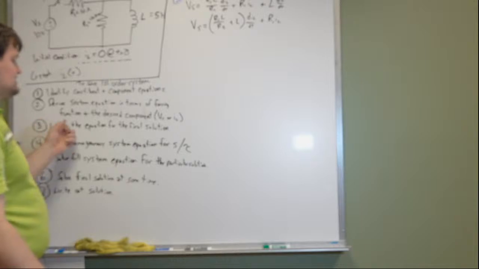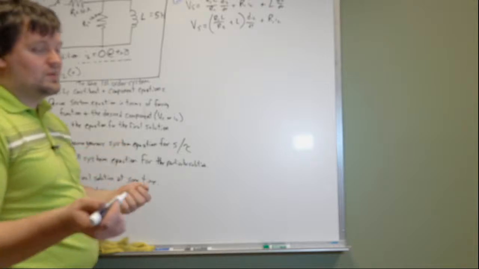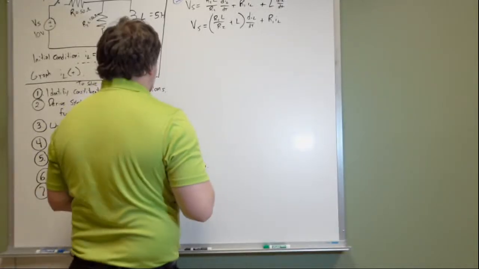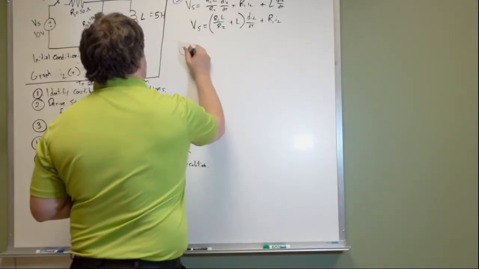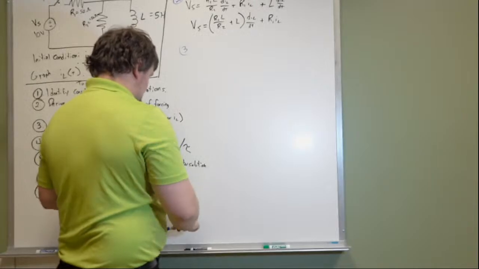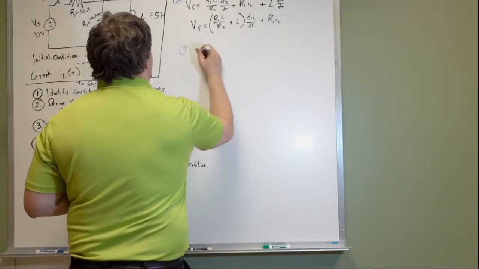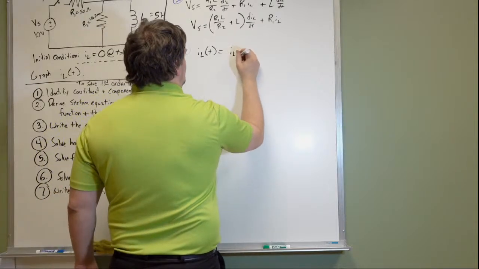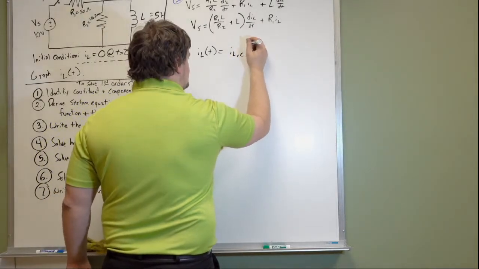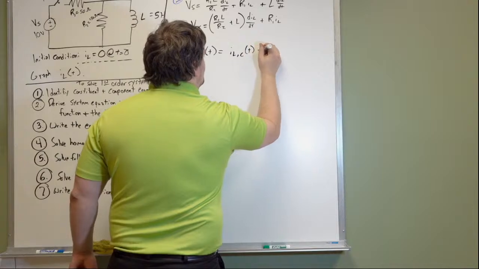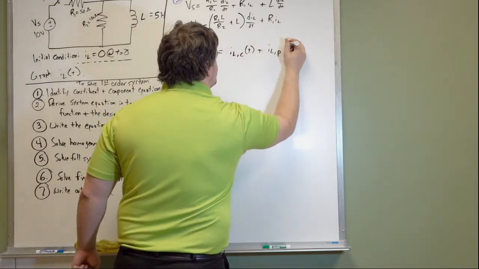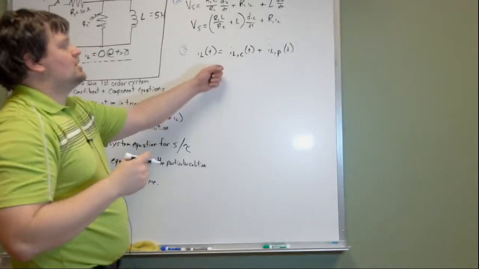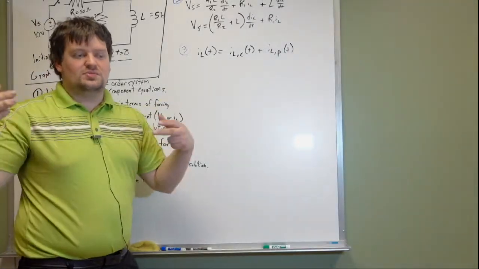All right, so now we've got step 2 down. Now step 3 is write the equation for the final solution. We know that the final solution is going to be IL, as a function of time, equal to IL complementary, as a function of time, plus IL particular, as a function of time. Now here, the complementary solution is going to be the same thing.